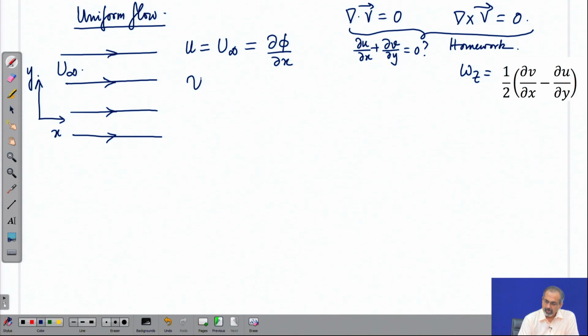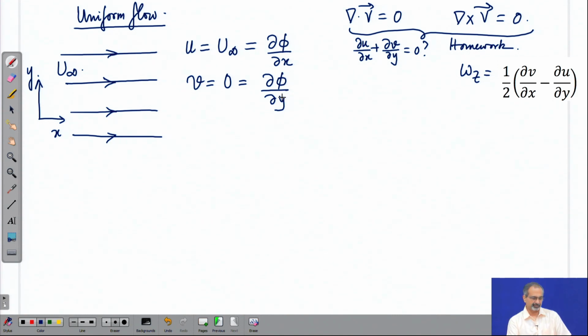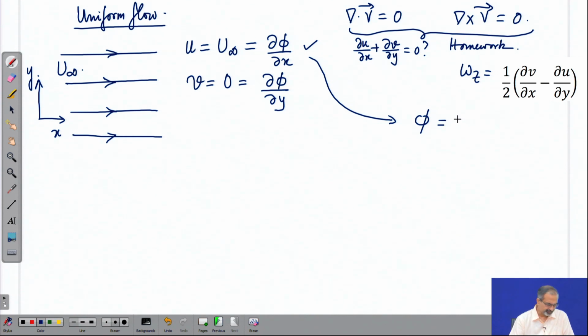There is no v component of velocity, but in terms of the velocity potential it is del phi del y. So, if you integrate this equation, what do you get? You get a relation like this, phi is equal to u infinity x plus some function of y.